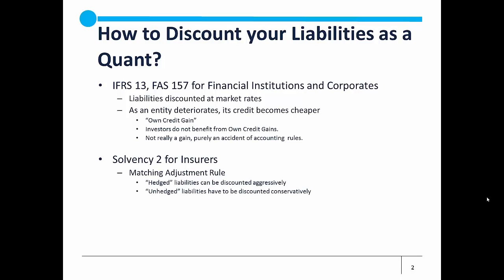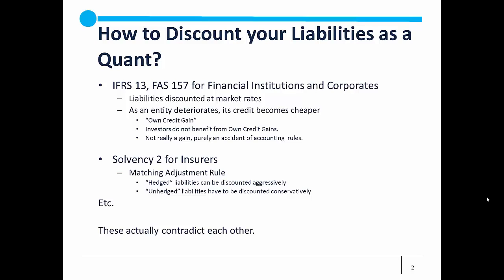On the other hand, liability cash flows which are not closely matched to an asset have to be discounted very conservatively. Now if you look at these two rules, they actually contradict one another, and we'll go over that in detail a bit later during this presentation.